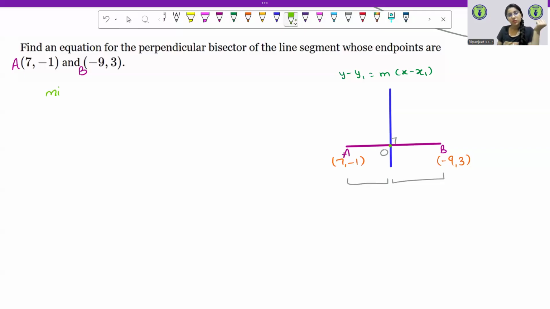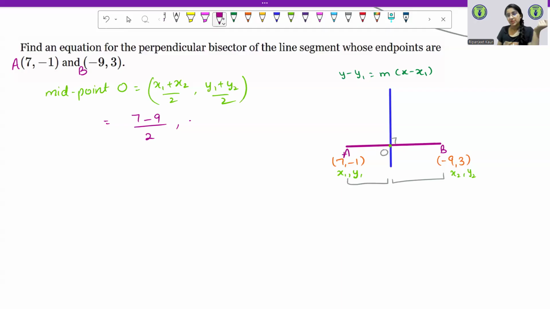So if you want to find the coordinates of midpoint O, what is the formula? (x1 plus x2) over 2, comma (y1 plus y2) over 2. So this one's x1, y1, x2, y2. x1 is 7 and x2 is negative 9, over 2. y1 is negative 1, y2 is 3, over 2.